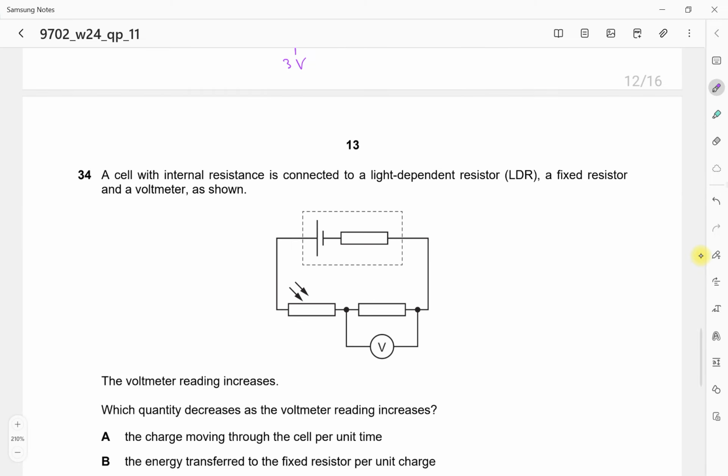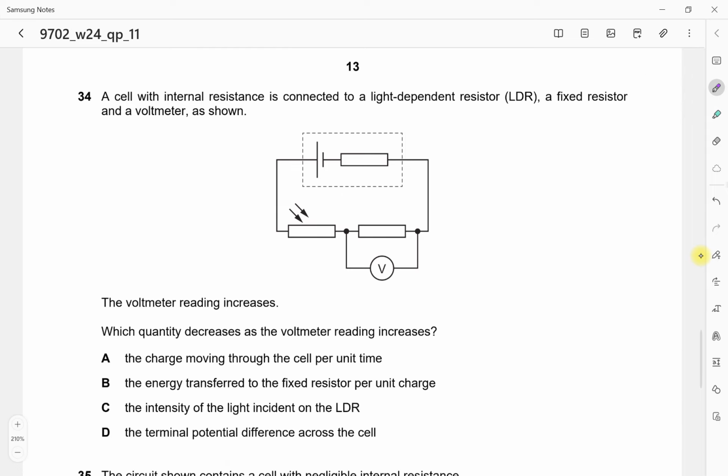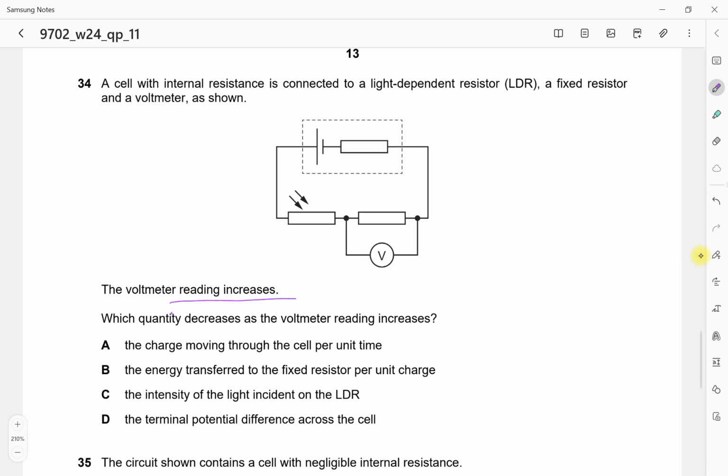A cell of internal resistance is connected to a light-dependent resistor, a fixed resistor, and a voltmeter, as shown. The voltmeter reading increases, which means the PD across the fixed resistor increases.